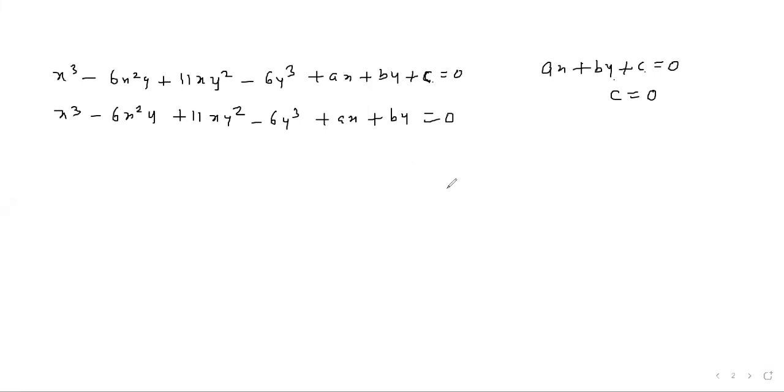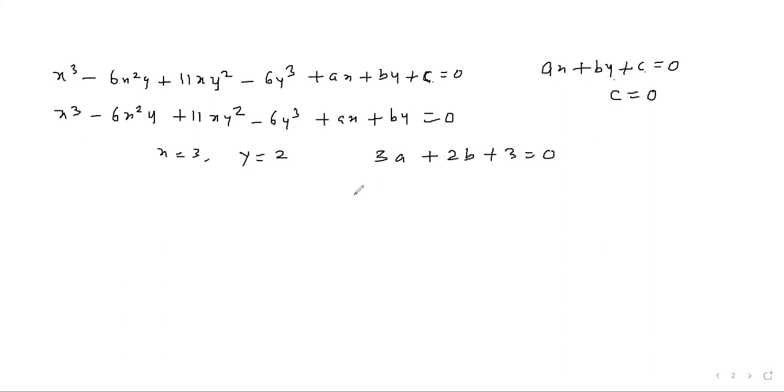Now, one more condition is there in our question, that it passes through (3, 2). So when we put x equal to 3, y equal to 2 and simplify, the calculation is your part, so I'm leaving it here. We will get 3a plus 2b plus 3 equal to 0.